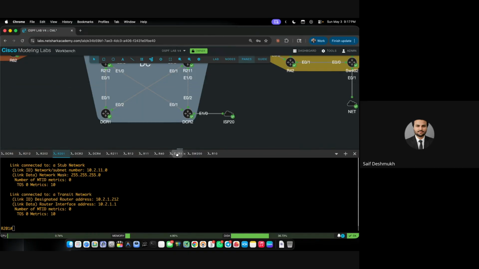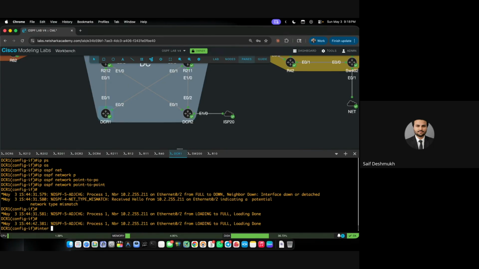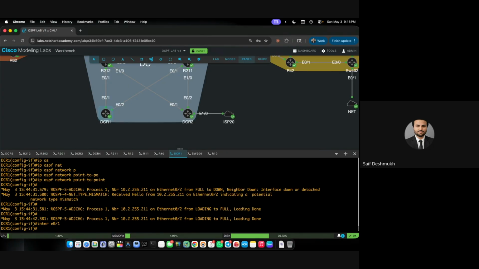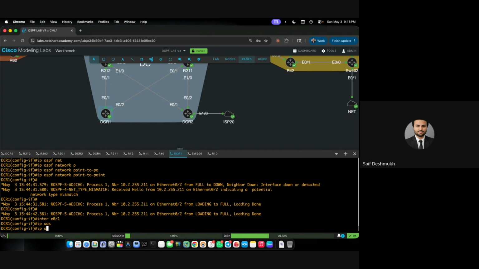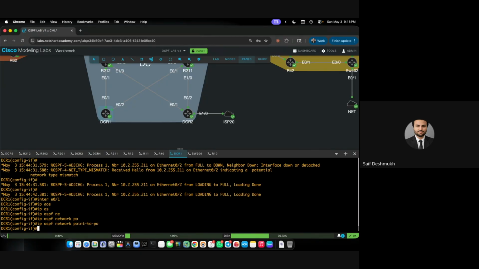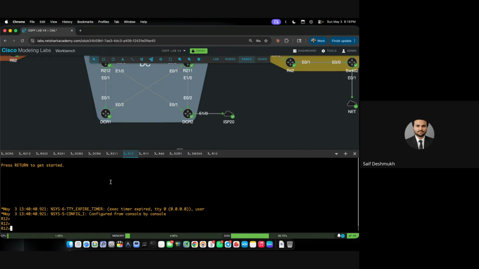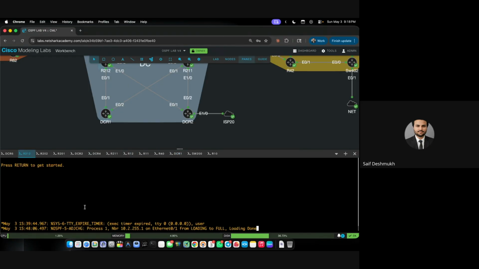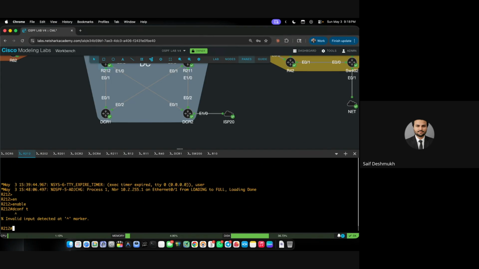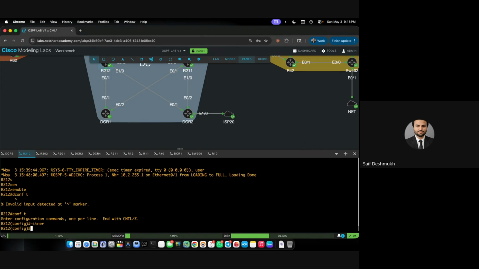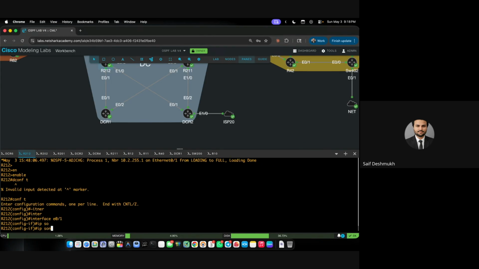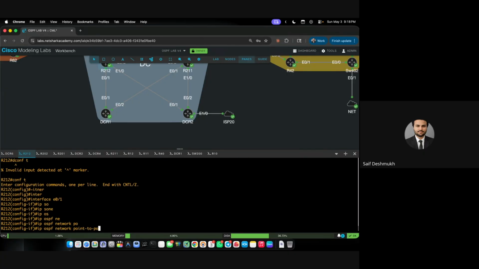We go to DC router 1 first. IP OSPF network point-to-point.